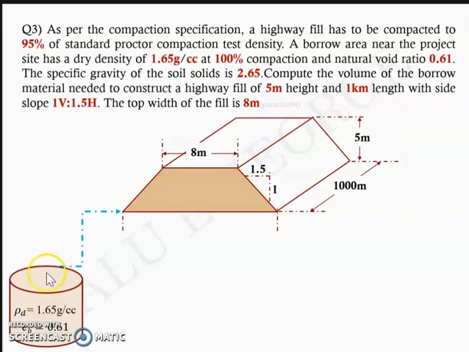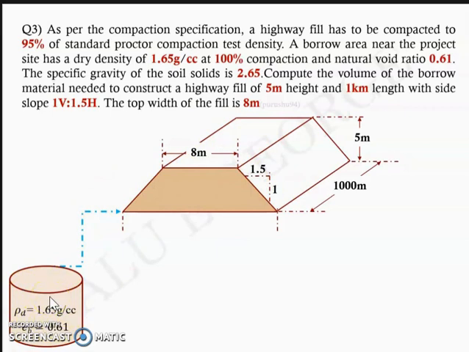You take the soil, which has this value of dry density and voids ratio, transport the soil to the site, and you fill the site to make an embankment like this. Now, the property of the embankment soil is different from the property of the borrow pit. The volume of the embankment soil, the voids ratio of the embankment soil is different from the voids ratio of the borrow pit, right?